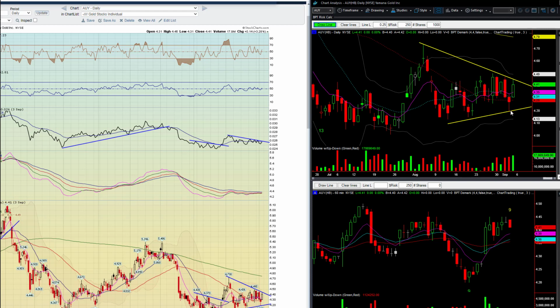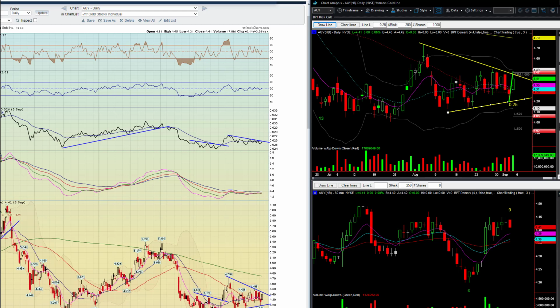I start my drawing always from my stop to my entry. So 25 cents. Boom. Now I have a sell stop here with a buy stop on the shares right here and targets down here. So this would be a short.